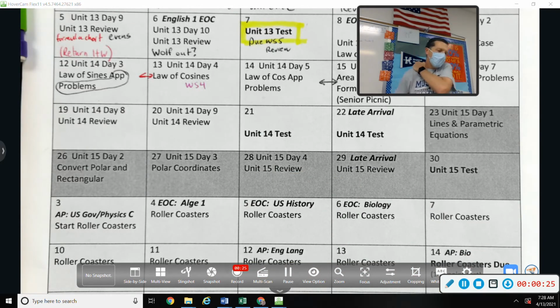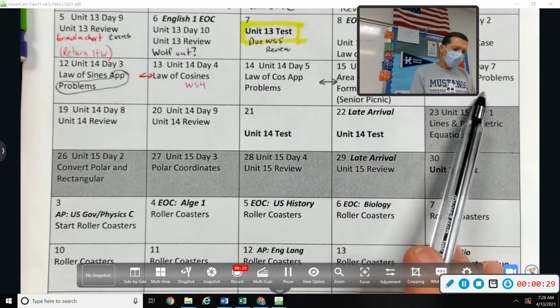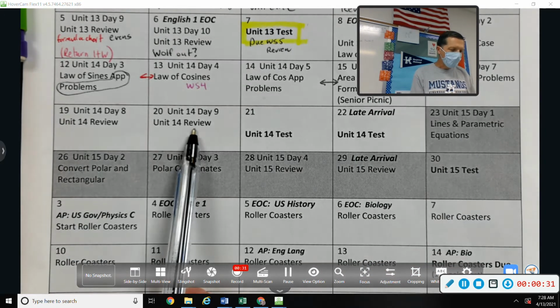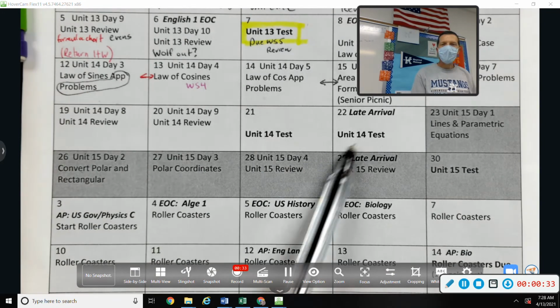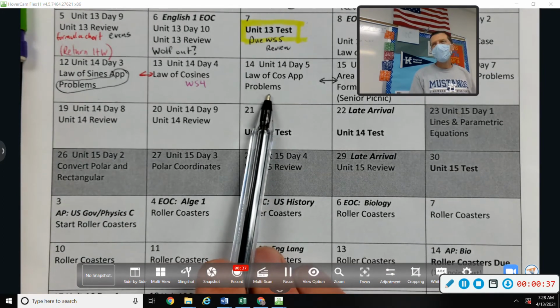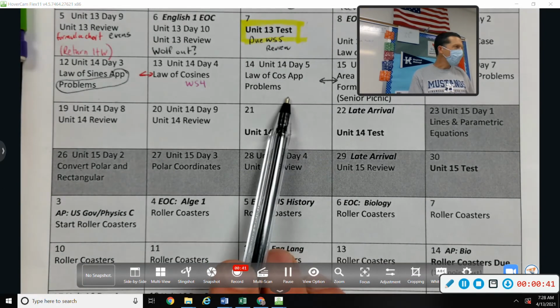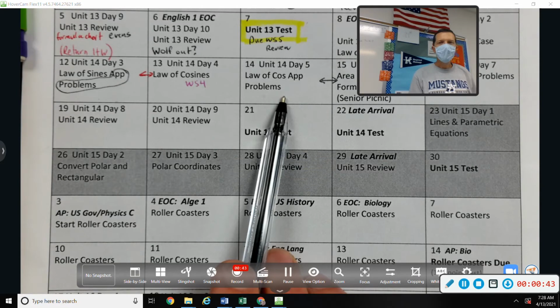And then Thursday, we'll do more word problems and start the review, and then not test till next block day. So tomorrow will be the last new day of stuff. After that, it's just practice and word problems, because our seniors will be out for most of those days.